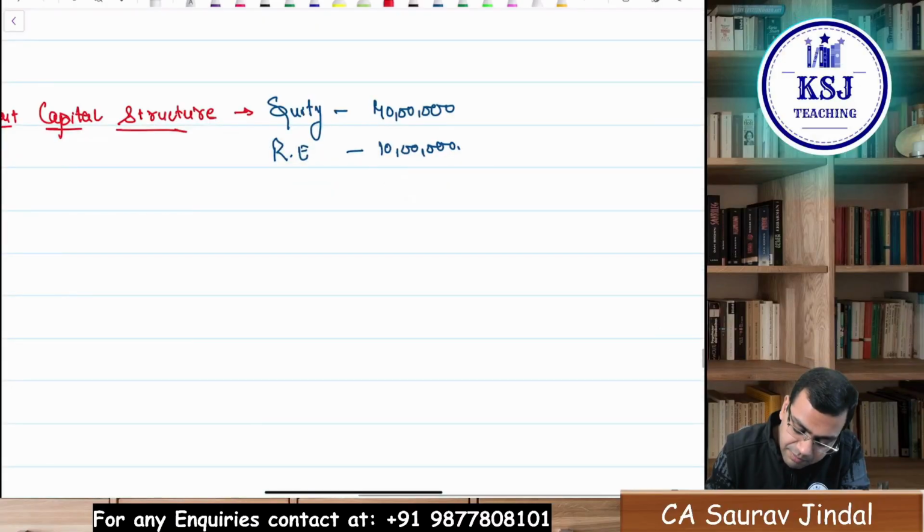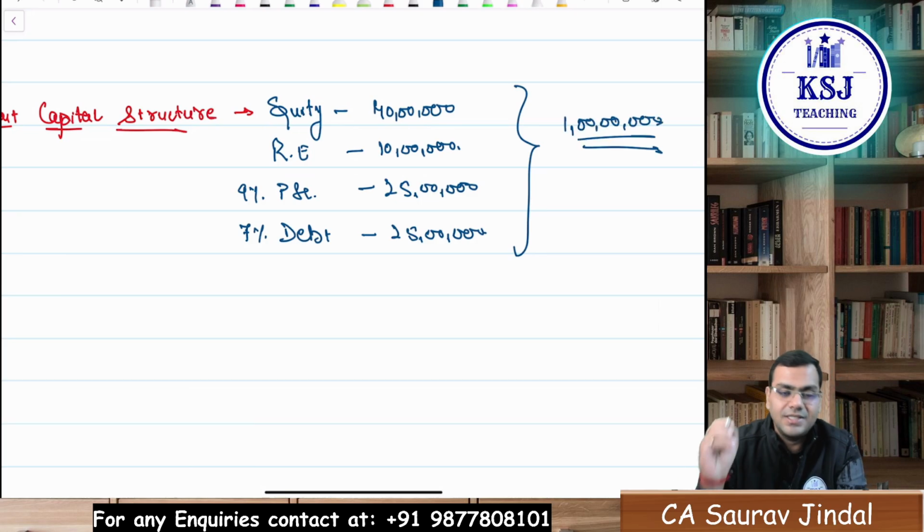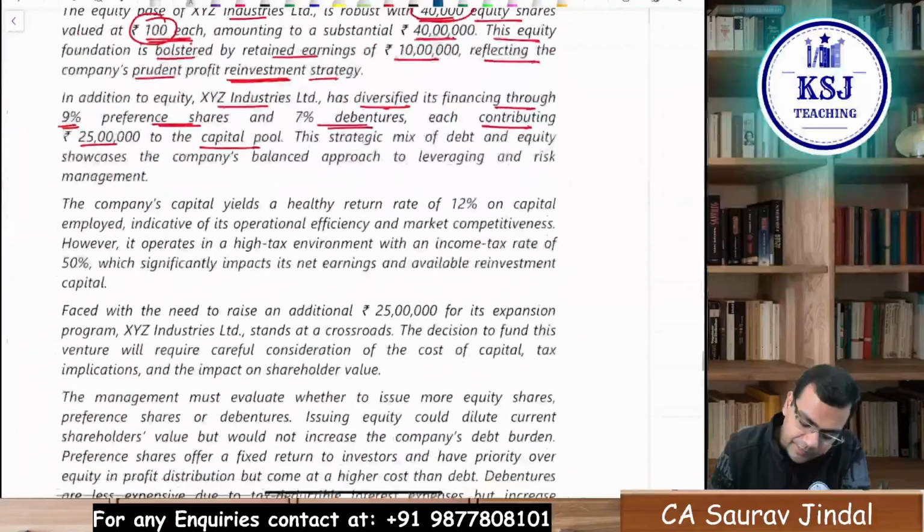So they have 9% preference share capital of 25 lakhs and 7% debentures again of 25 lakhs. Right, so this is the current capital structure that they have. Total is 1 crore rupees, isn't it? Total is 1 crore: 40 lakhs plus 10 lakh, 50, 75, 25, yes, 1 crore.